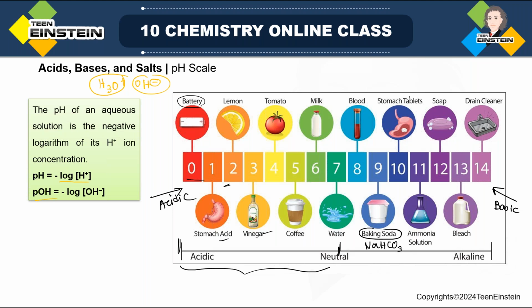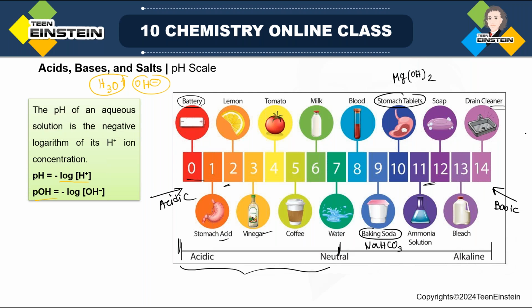Stomach tablet, it is basically the antacid it is talking about. Remember, when there is excess acid in our stomach by mistake, by wrong food habits, spicy food, this excess acid can be neutralized by Mg(OH)2, which is available in the form of tablet or liquid, and is known as milk of magnesia. Then bathing soap or detergent, ammonia solution, look at this, it is 11.